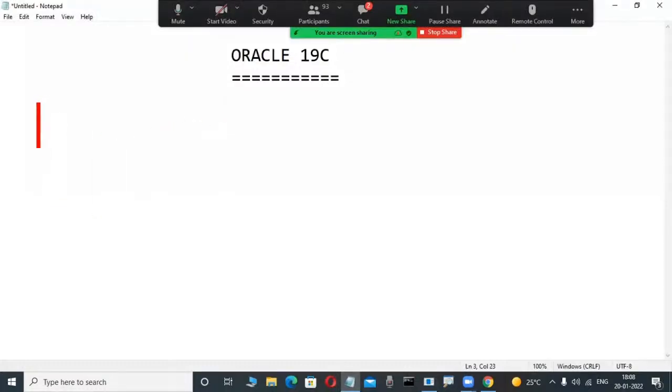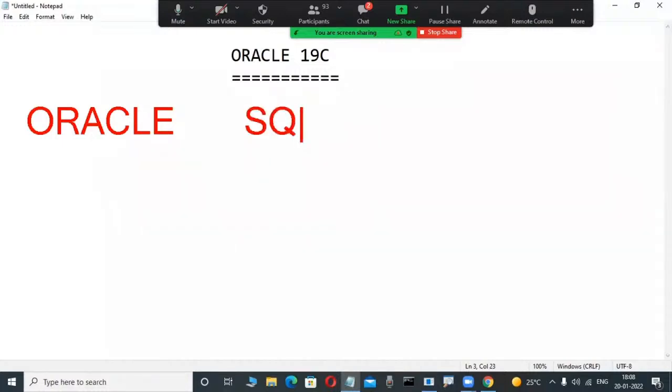Not only Oracle, so many database products are available in the software industry from different companies. SQL Server is a database product from Microsoft.